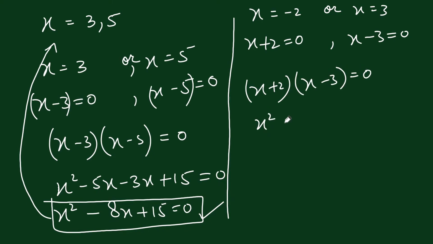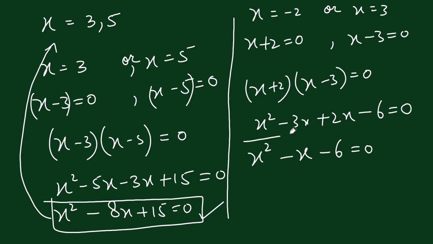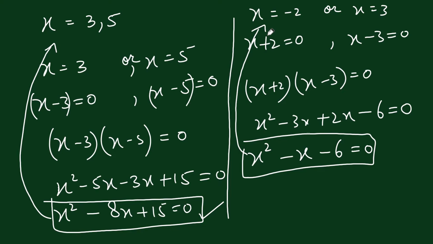That's x square minus 3x plus 2x, and 2 into minus 3 is minus 6 here. It will become x square minus 1x, we don't write the 1 when it's only x, minus 6 is equal to 0. So this is our quadratic equation which they are asking us to find with the roots x is equal to minus 2 and 3. So the first question is complete.